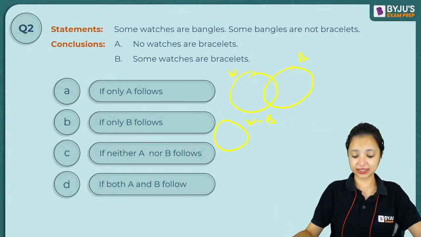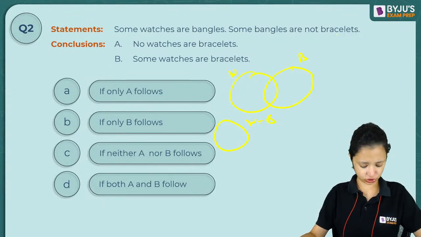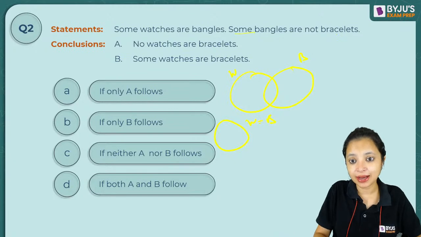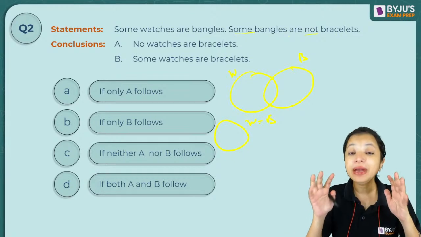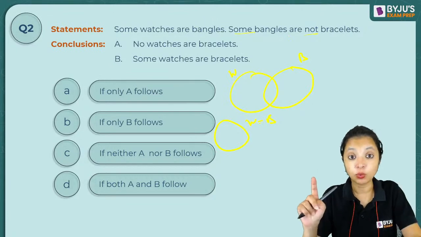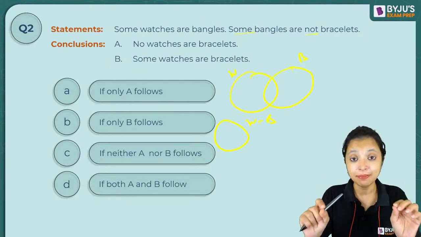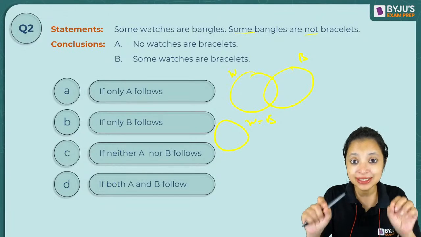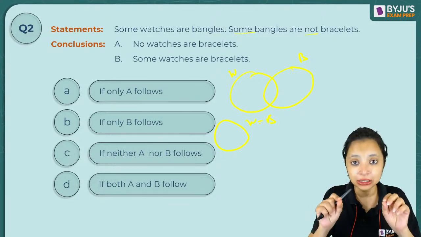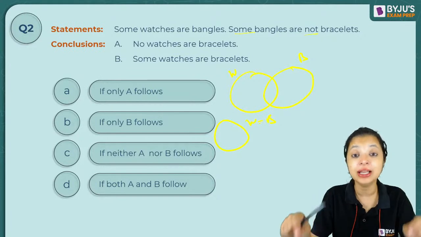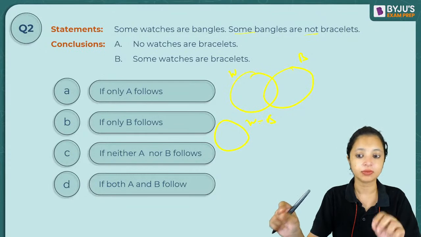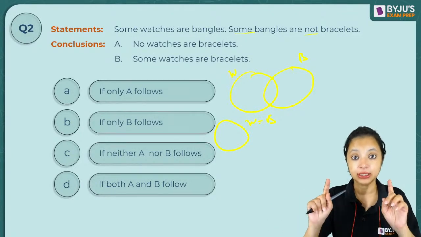Why do I say that? Because "some not" can have many, many possibilities. Be very attentive with whatever I say right now. Some not will have many possibilities, and the correct conclusion will be a conclusion that's visible in every single possibility. I'll repeat. Listen to me carefully.